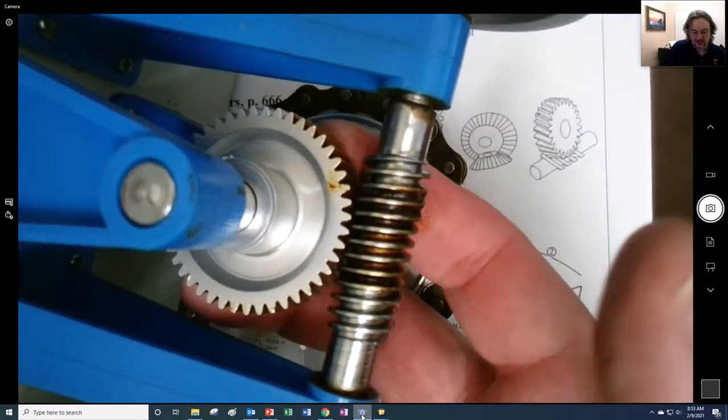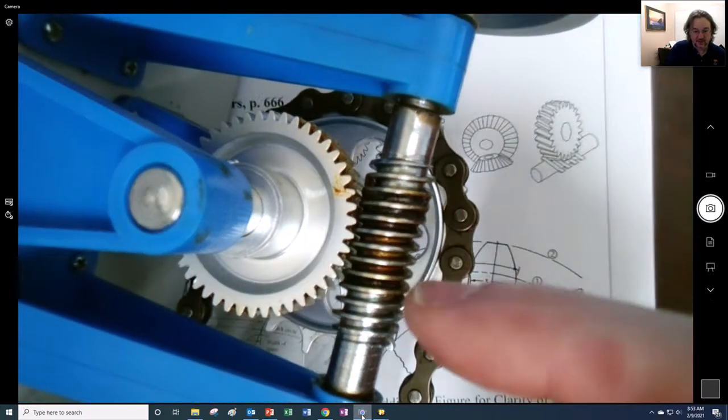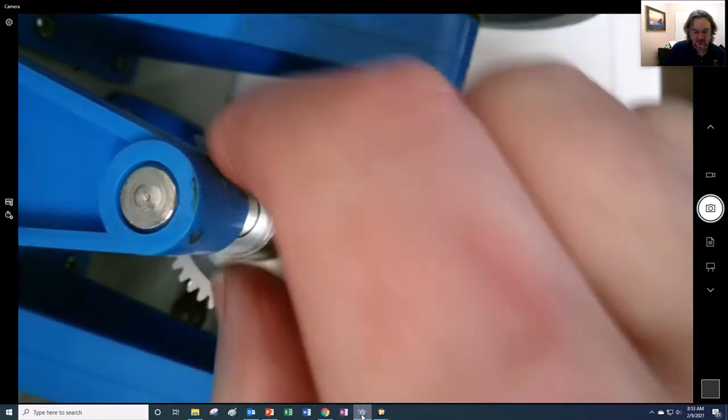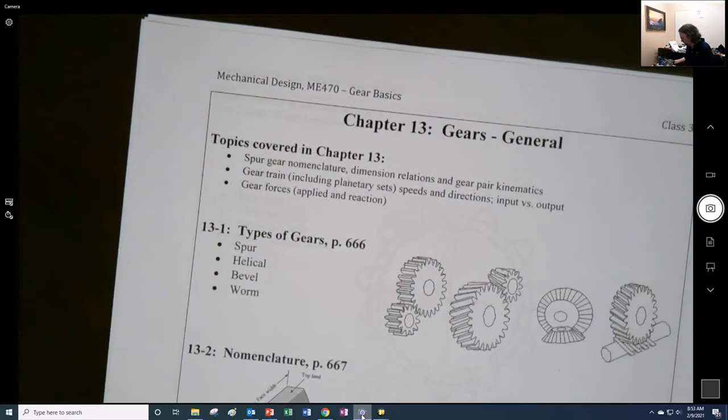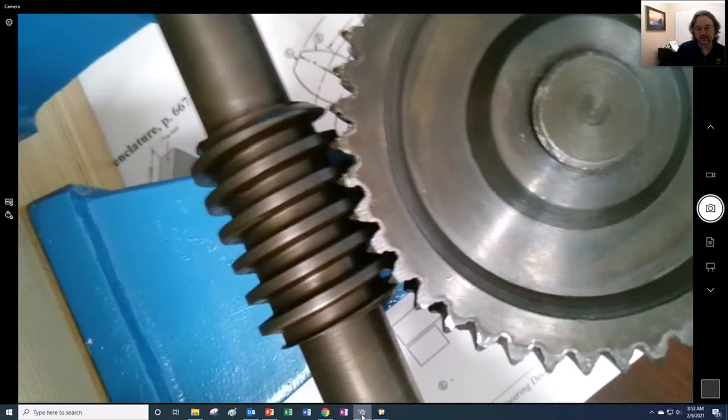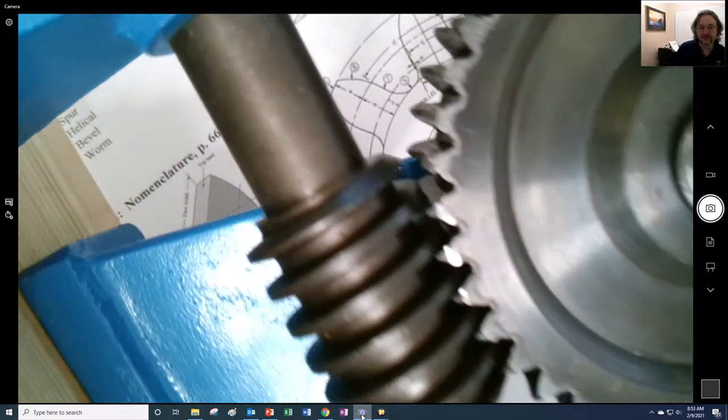Just innately you could tell that this is not reversible, because this one will turn that one, but this one can't be used to turn that one. And I have another worm gear demo unit right here, so you can see. And in this close up, you can start to see what's taking place.